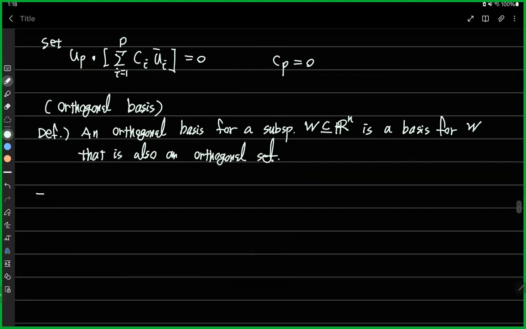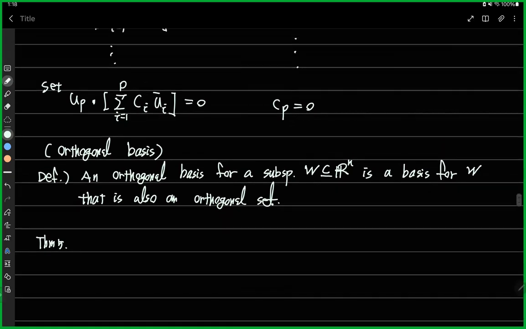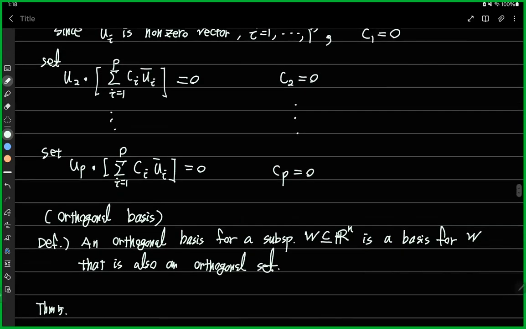Here's Theorem 5. In Theorem 4, we figured out that U1 through UP are linearly independent, right?